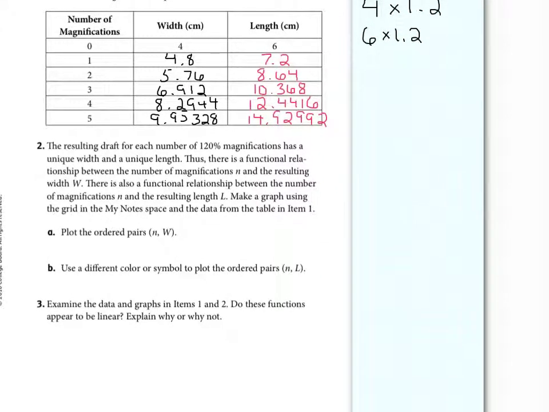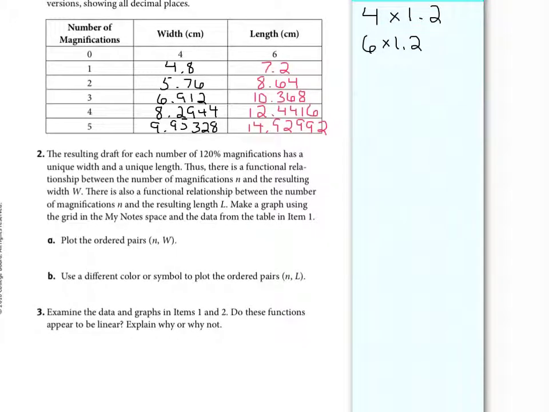So if I were going to make a graph of this, that's going to be my y-axis, and this would be my x-axis. So on this x-axis is going to go my number of magnifications, the n.